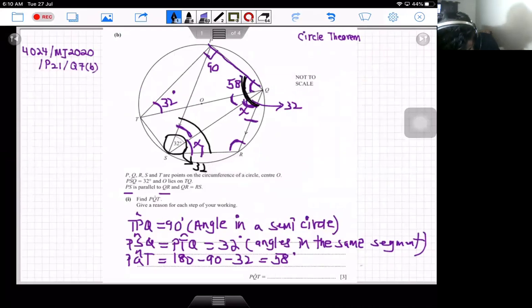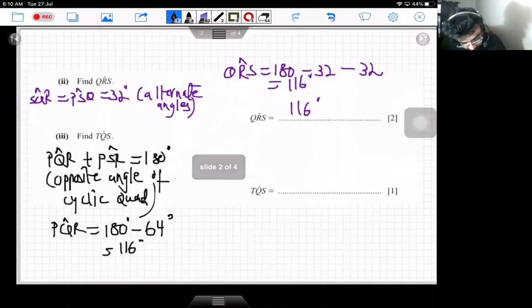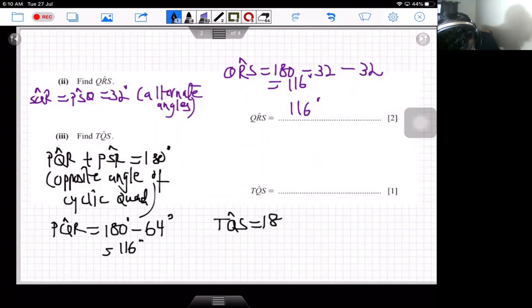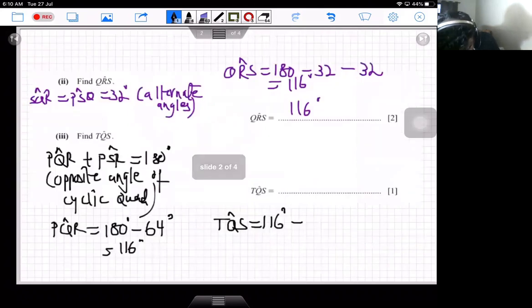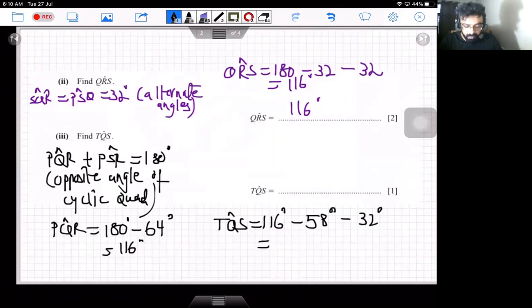Now this complete angle PQR is known, which is 116. If you take away 32 from it and take away 58 from it, you will find the required angle, angle TQS. So angle TQS is equal to 116, the angle PQR, minus 58 minus 32, which is 26.